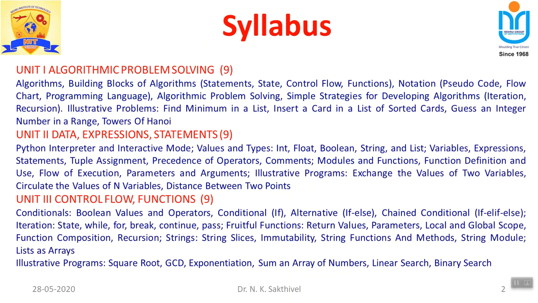As far as the syllabus is concerned, it has 5 units, 45 periods, that is 45 hours, and 3 credits. For each unit, 9 hours are reserved. As far as the first unit is concerned, it is Algorithmic Problem Solving.